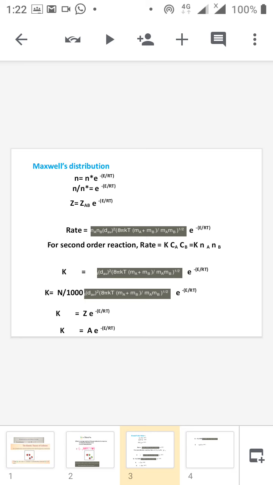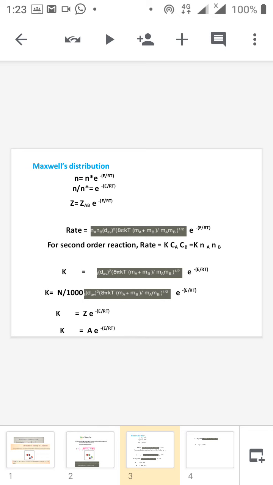Okay. Now, we can represent this equation as K is equal to Z into e to the power minus E by RT. So we can also represent K is equal to A into e to the power minus E by RT.